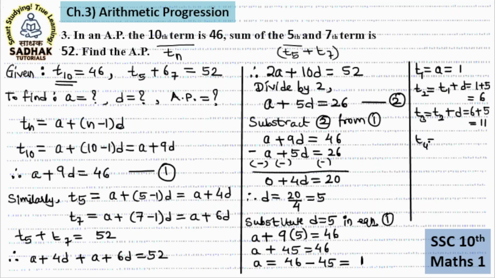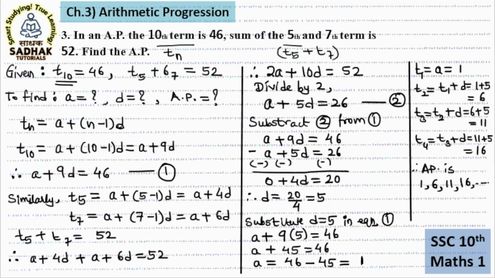Similarly, T4 will be T3 plus D, so that will be 11 plus 5, that will be 16. So therefore the AP is 1, 6, 11, 16 and so on. That will be our answer. So this is the answer of sum number 3.